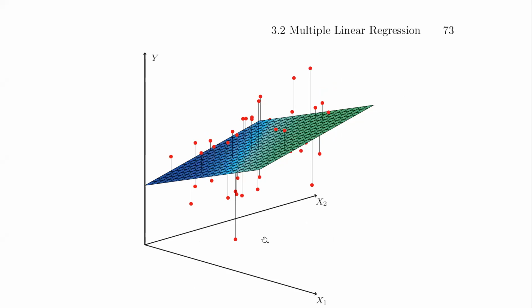Notice that each black arrow is y minus y hat, your actual minus your predicted.